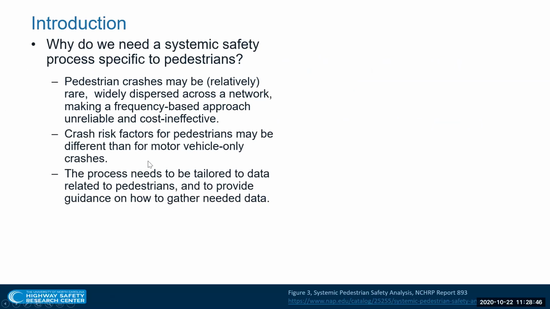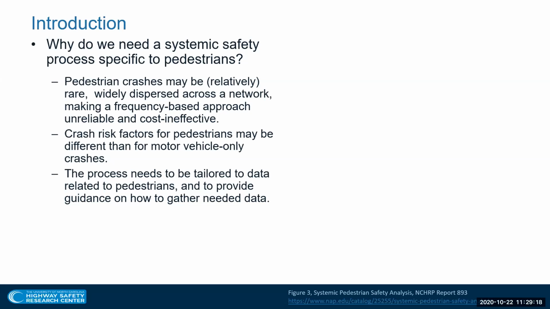As I mentioned, pedestrian crashes may be rare, and so using a frequency-based approach where crashes have already occurred is generally fairly unreliable and cost ineffective, because we may treat a place that experienced a fatality or a serious injury or two during one cycle, and then in the next few years, a different location experiences a fatality or serious injuries.